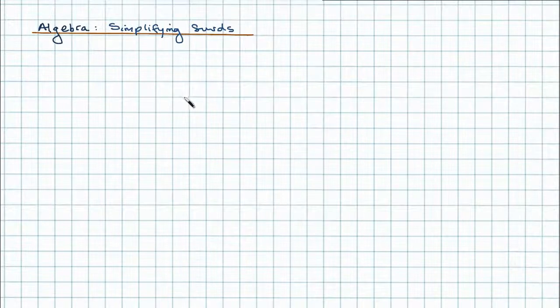In this video then we're going to look at simplifying surds, and we're going to assume a couple of things. In basic simplification of surds, you learn that you can do something like this.